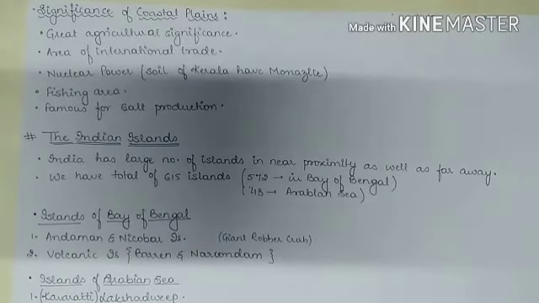Coconut trees are grown all along the coast. The entire length of the coast is dotted with big and small ports. Now with the help of these ports, we can carry out our trade, export and import. The major part of international trade, that is about 98% of our trade, is carried through these ports.